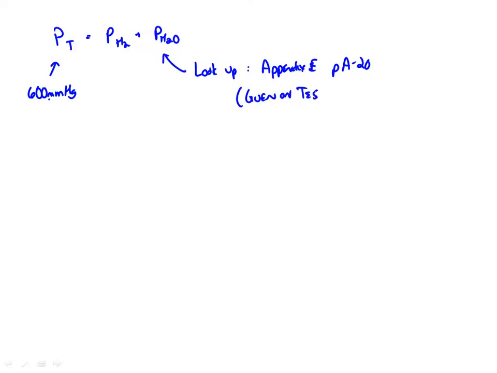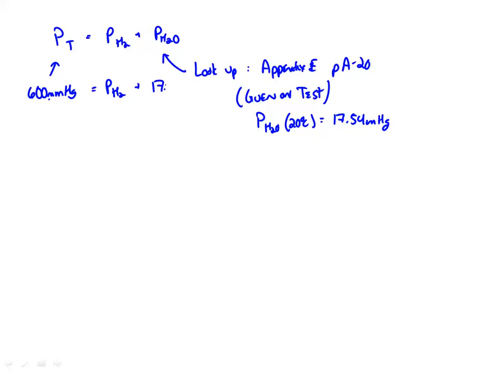Meaning, obviously, any giant tables of stuff, we never ask you to memorize it. And so the pressure of water at 20 degrees Celsius is equal to 17.54 millimeters of mercury.